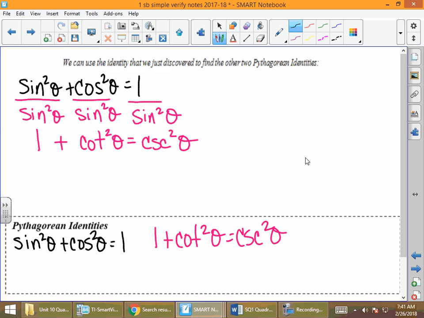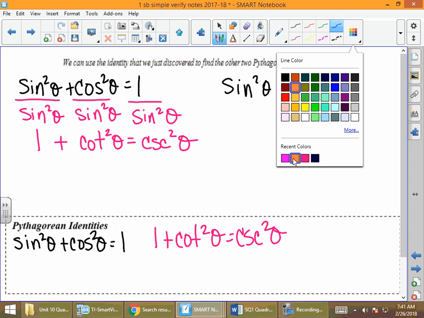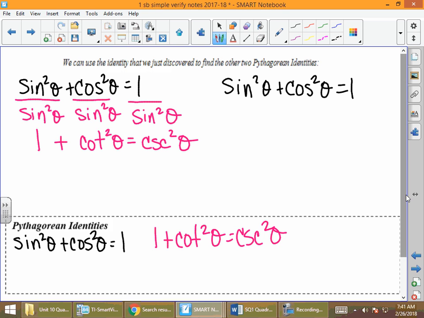We can take the same idea to find a third Pythagorean identity. We take our original, sine squared theta plus cosine squared theta equals 1. This time we're going to divide everything by cosine squared theta, here, here, and there.